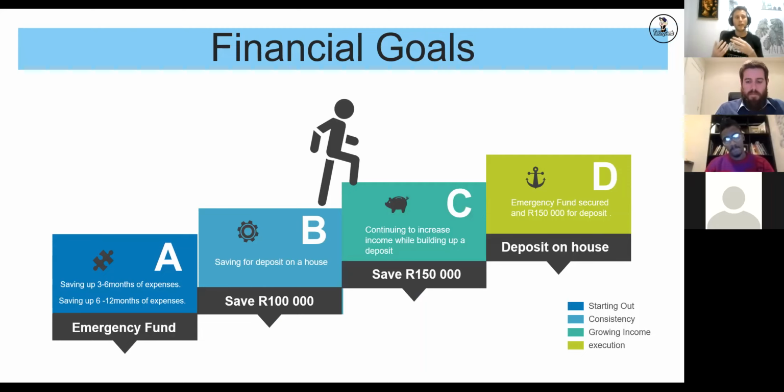So I would recommend your initial goal being to build up capital as an emergency fund. 3 to 6 months of cash is ideal, but I keep 1 year's worth of expenses, because when COVID hit, it showed us that our lives can be turned upside down in an instant.